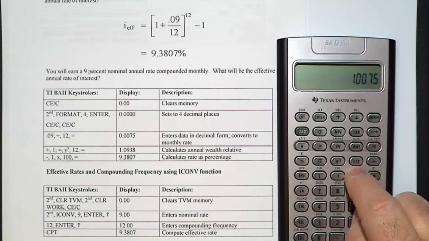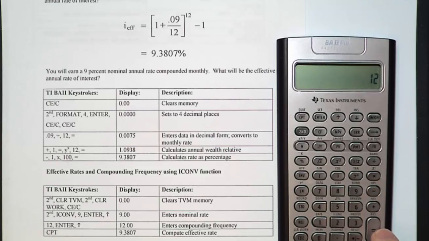So y to the x, 12 equals, and then we need to subtract 1 from that, minus 1 equals, and if we want to put this in our calculator, it doesn't like decimals. It wants you to put it in percentage form, so we're going to say times 100 equals.